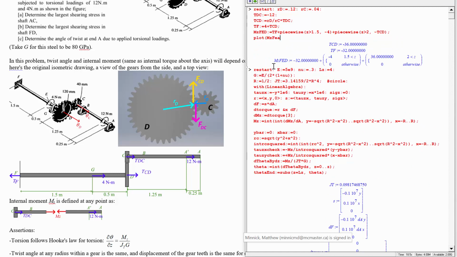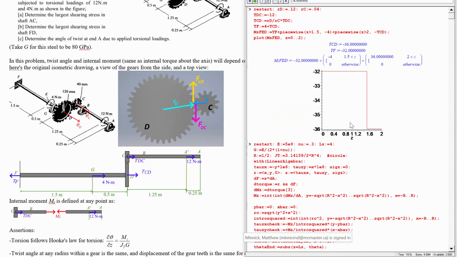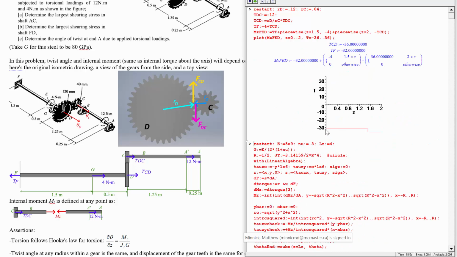Plot MZ FED, Z is 0 to 2, and what do we get? Let's say T equals negative 36 to 36. So it's some negative value, and again the peak torque is between point G and point D.